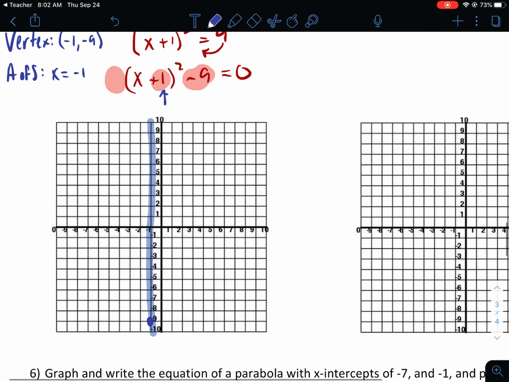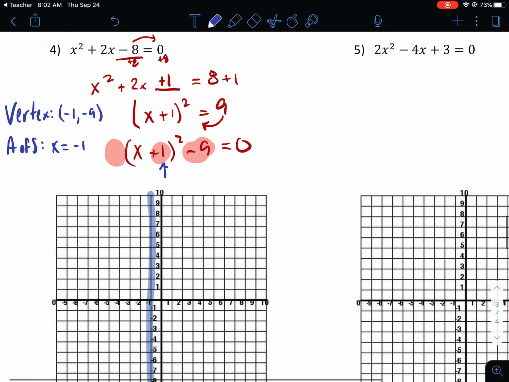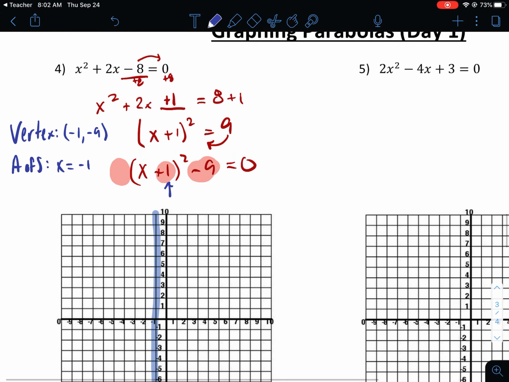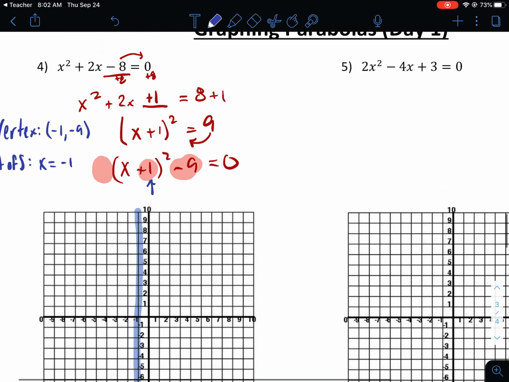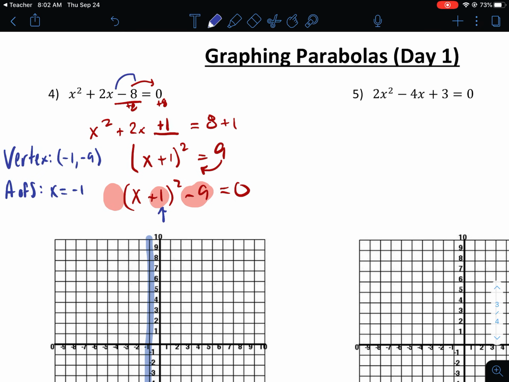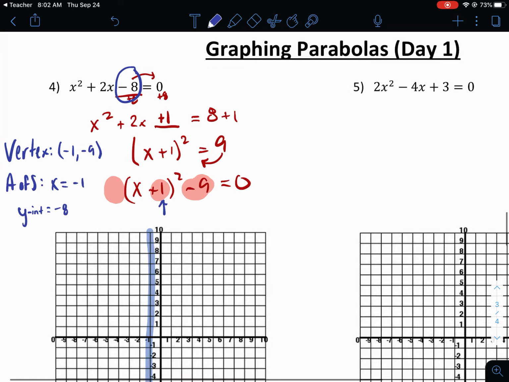And then one thing that we wanted to note here is, remember what we learned back when we know the y-intercept of this parabola. Remember that this number right here is your y-intercept. So our y-intercept is -8.